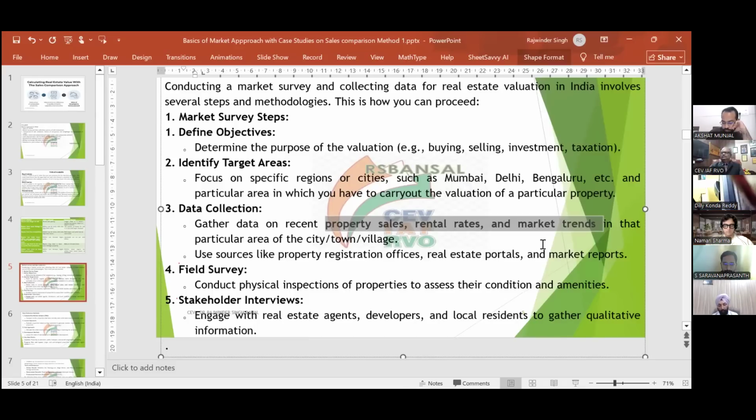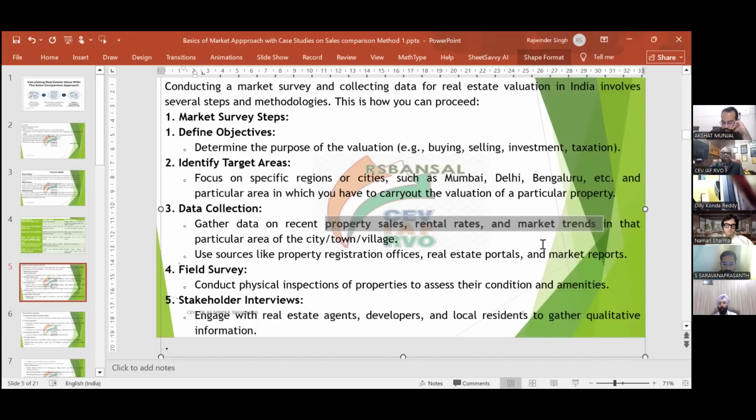You have to collect other data also about the properties, such as physical condition, age of the properties that were sold, what amenities were provided there, and what were the specifications of the properties, not only of the property of which you are doing valuation, but of the properties you are choosing as comparables.